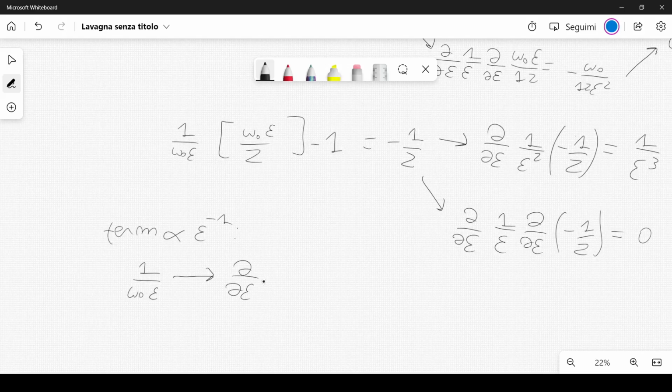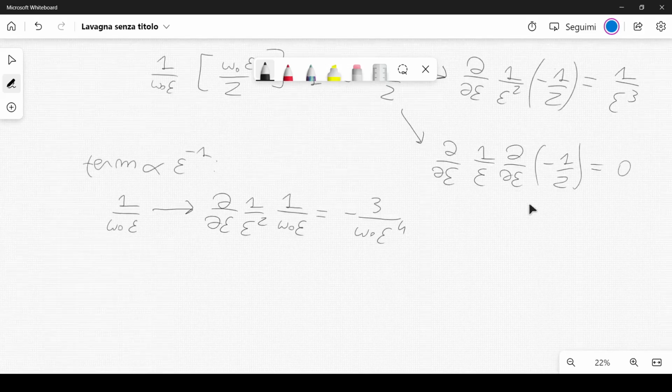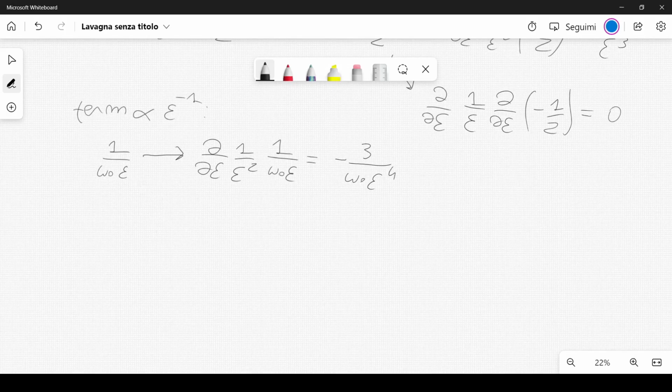Remember that we have to take the derivative with respect to epsilon of 1 over epsilon squared, and then we have 1 over omega 0 epsilon. So this is going to give us minus 3 over omega 0 epsilon to the fourth when you take the derivative. Then we have another term.